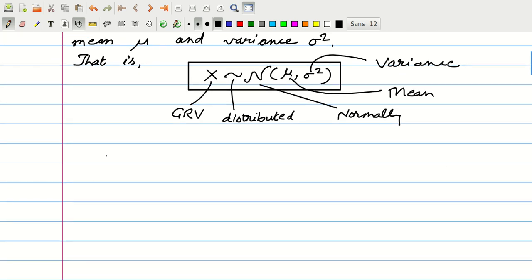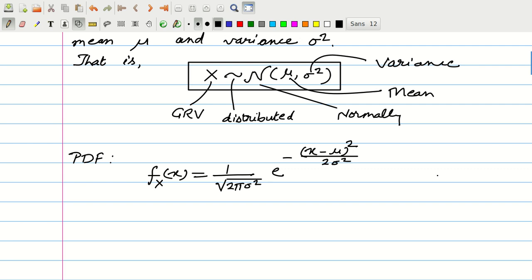A Gaussian random variable is characterized in terms of its probability density function PDF as follows: lowercase f subscript capital X of a small x, that shows the PDF, and it is given by 1 by root 2 pi sigma square into e to the power minus x minus mu whole squared upon 2 sigma squared, where x can lie in the range from minus infinity to plus infinity.